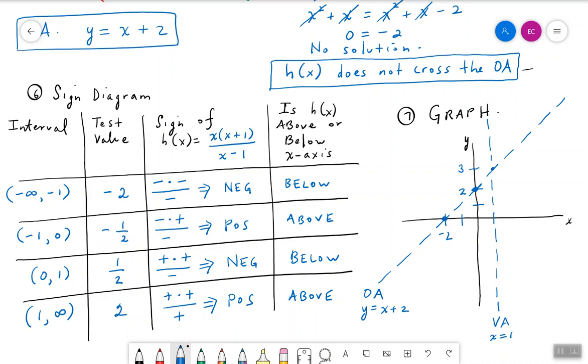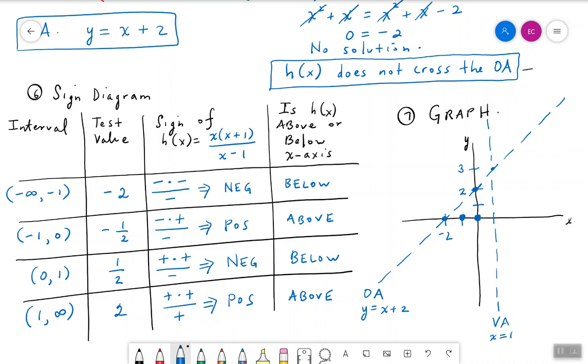And what else do we know? We know there is an x-intercept at -1 and another x-intercept at 0, and there's a y-intercept at 0. These are things that we found earlier in the problem. We also know that the function does not cross the oblique asymptote, so we'll make use of that fact here in a minute.